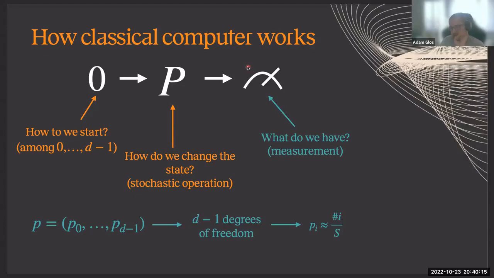But let us consider a very specific task. Suppose that we don't know exactly how this machine works, but we are interested in what is the probability distribution of the integers we are getting at the very end. So probability distribution over d possible states is defined by the vector of non-negative values which sums up to 1.